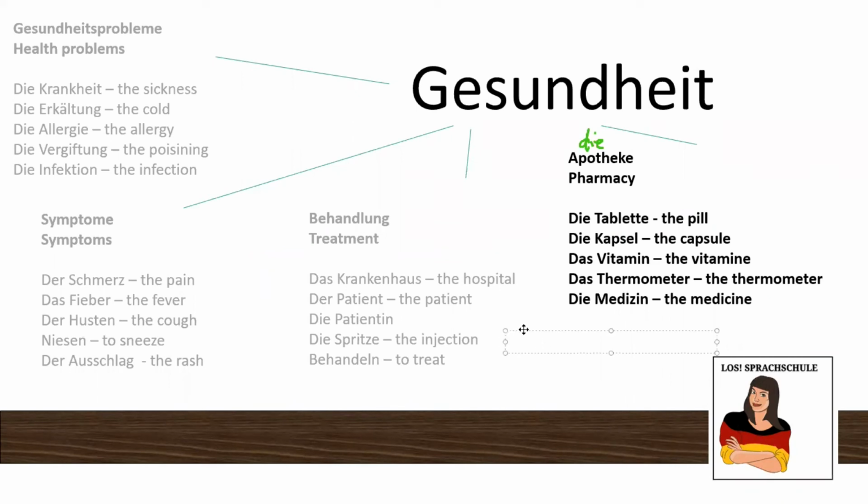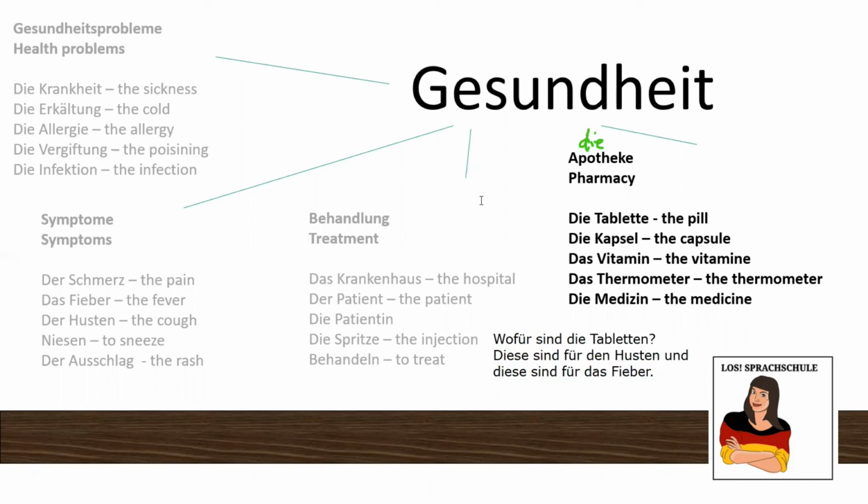Let's try to make it with our sentence we just learned. We can say, wofür sind die Tabletten? What are the pills for? Diese sind für den Husten und diese sind für das Fieber. Those are for the coughing and those over there are for the fever. I don't know how you feel, but I cannot swallow capsules.